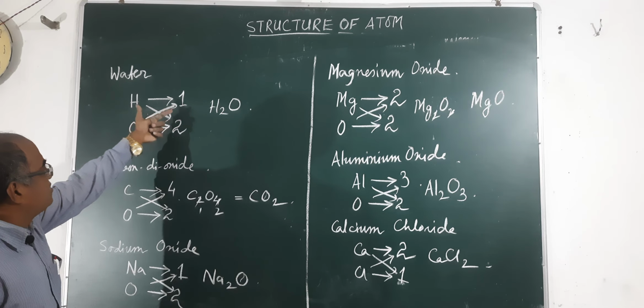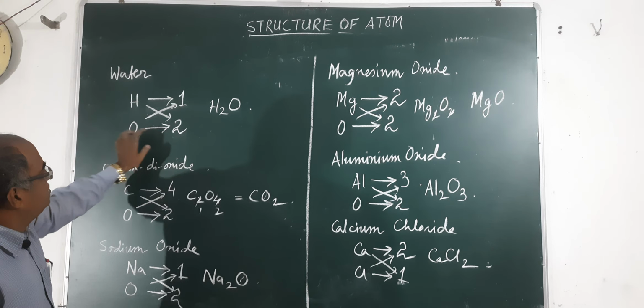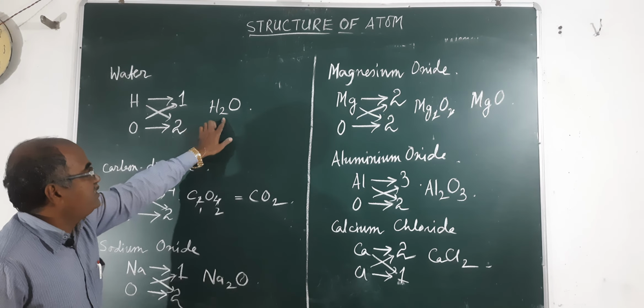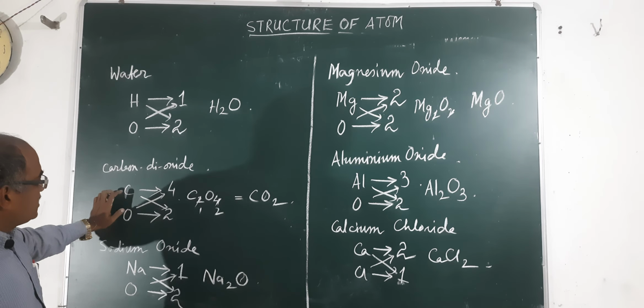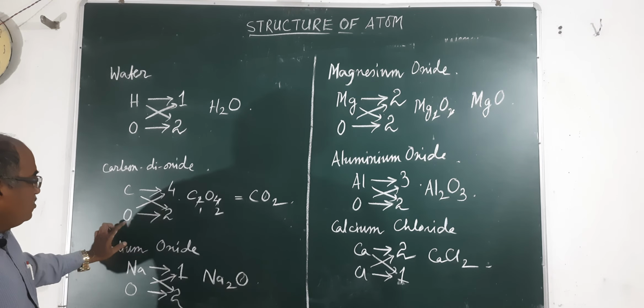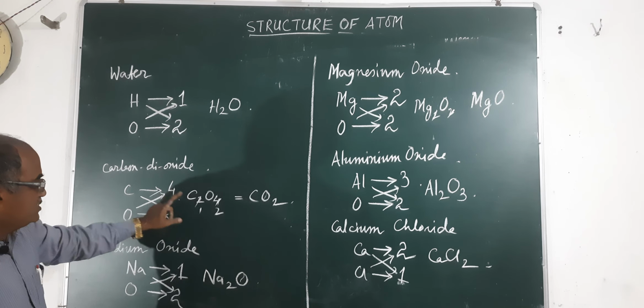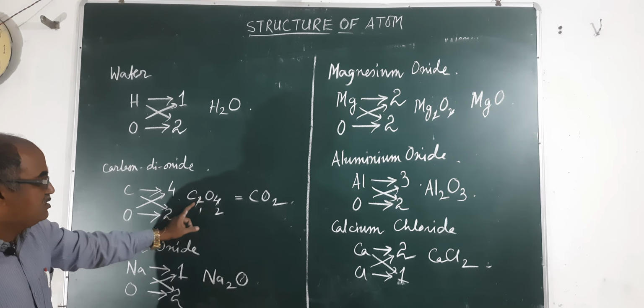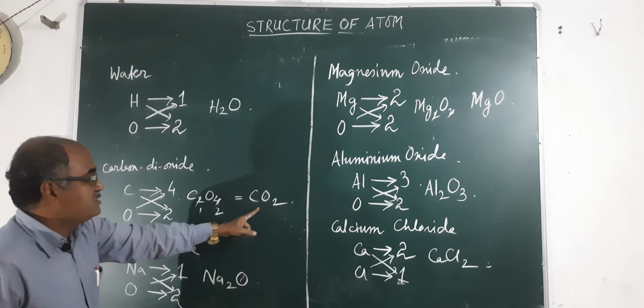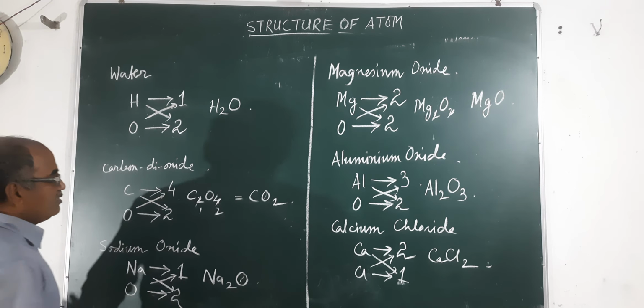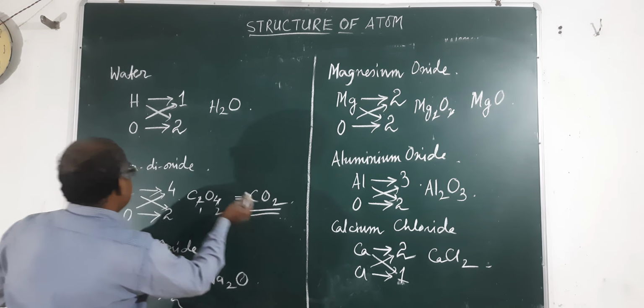This is called the crisscross. This is H2O1, or we can write H2O. In carbon dioxide, carbon has valency 4, oxygen has valency 2. So C2O4, with 2 and 4 cancelling to 1 and 2, ultimately CO2 is the formula of carbon dioxide.